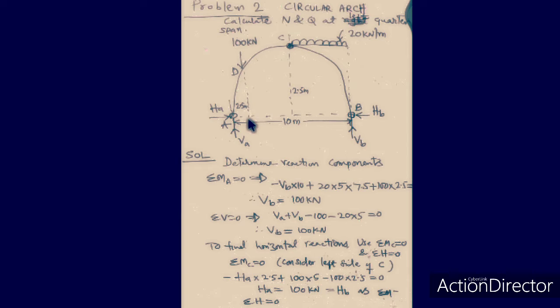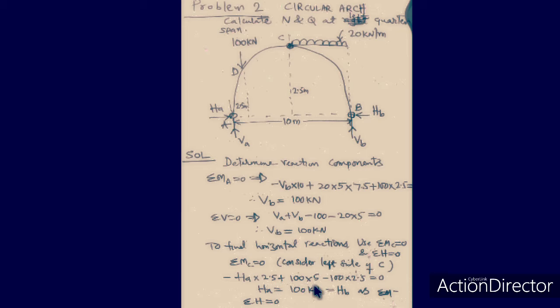100 into 5. You can see this, VA is 100 here, 100 into the horizontal distance, I can say, 100 into this distance, which is 5 meter. So VA into 5 meter. The perpendicular distance between VA and point C is 5 meters.